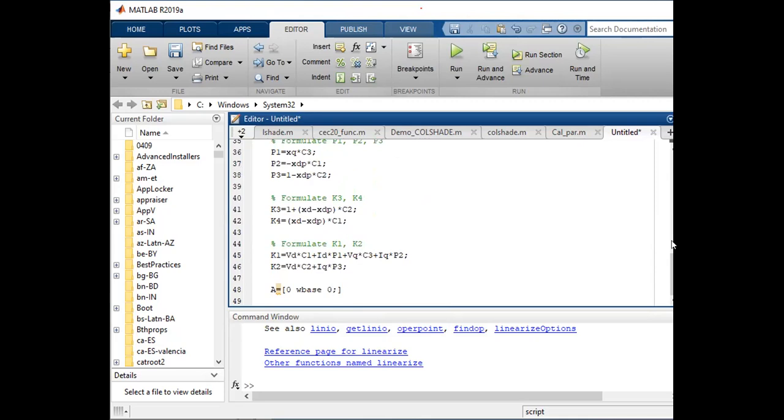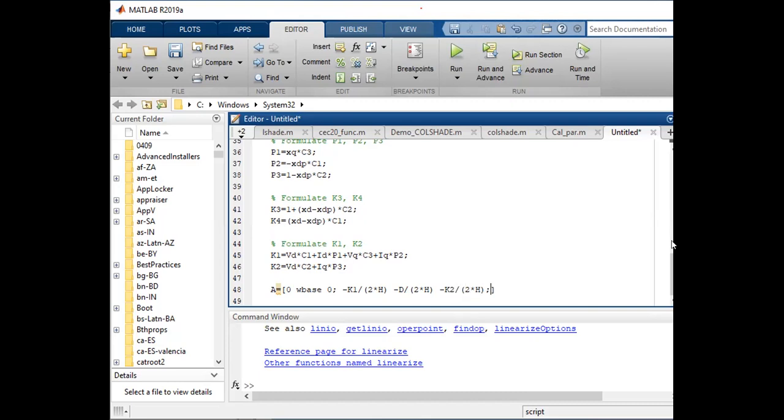This is the first row. Then this is the first element in the second row. Third element in the second row. Sorry, second element in the second row and third element in the second row.